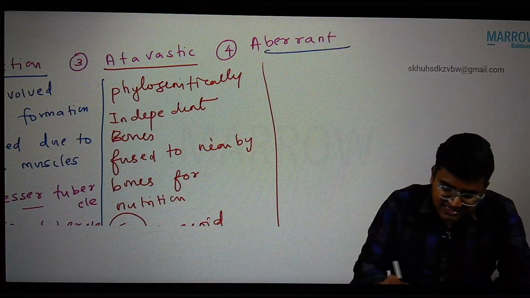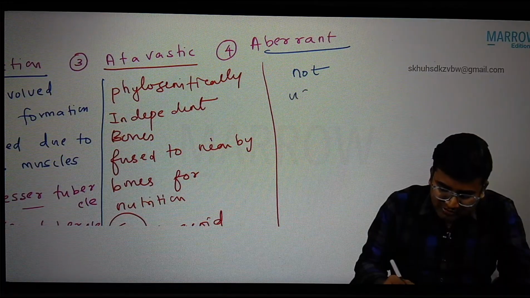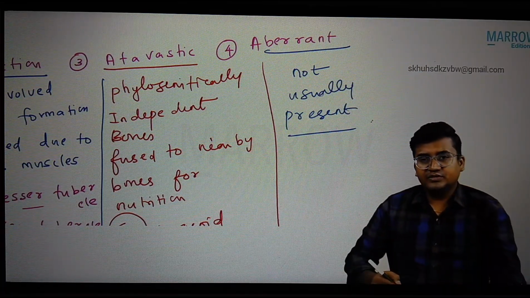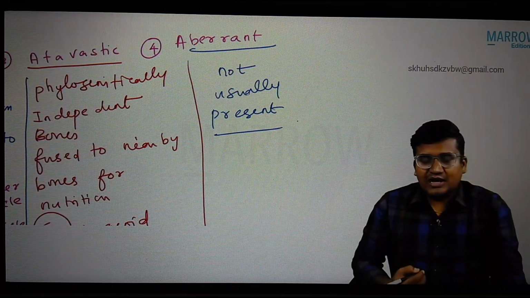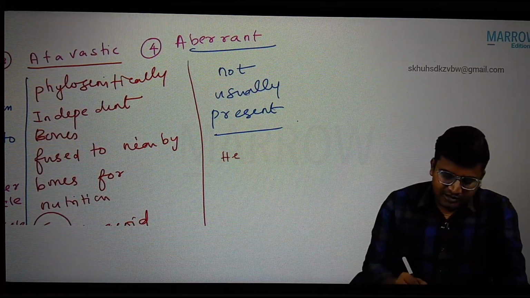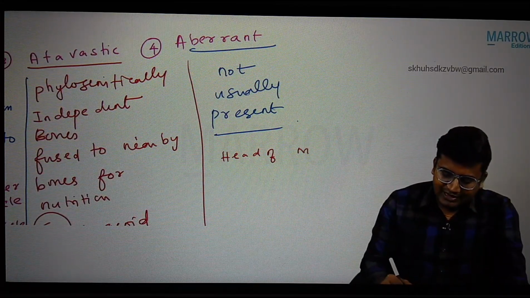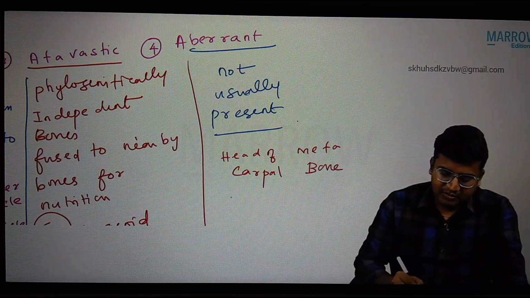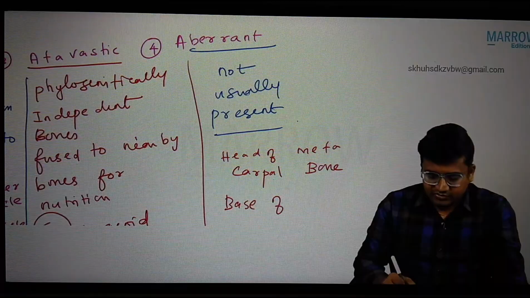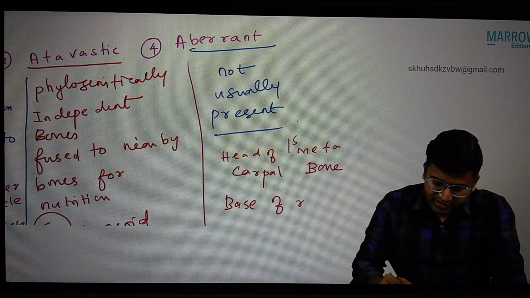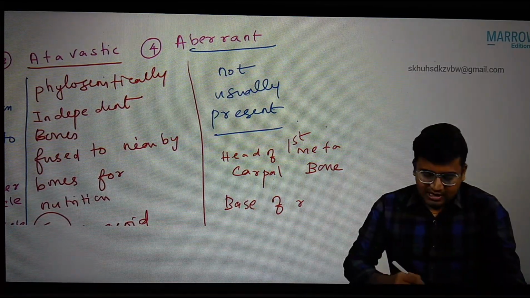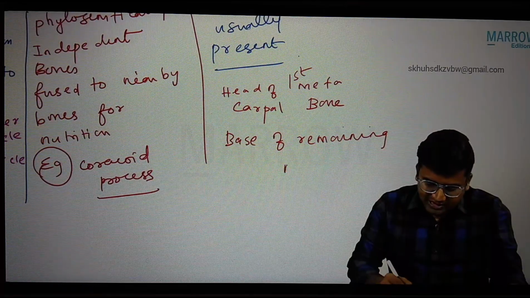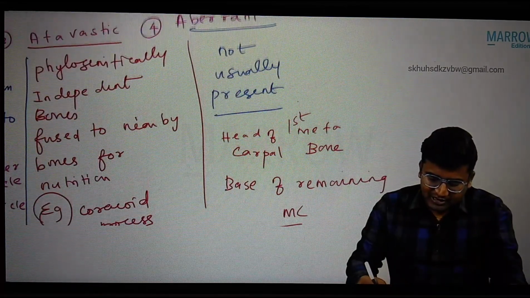Now aberrant epiphysis is not usually present. Examples for aberrant epiphysis are the head of the metacarpal bones, the head of the first metacarpal bone, and the base of the remaining metacarpal bones. Okay.